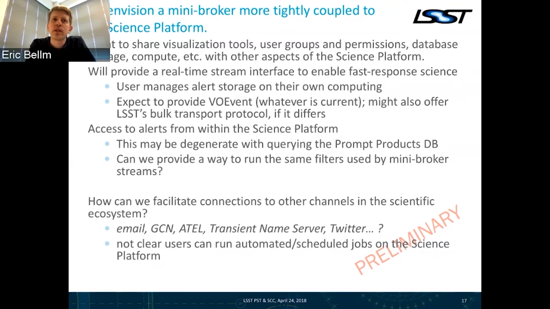The MiniBroker is running in the LSST DAC. It is running small little filters that just look at the single alert packets. And so a user, for instance, might say, I'm interested in fast transients, so only show me packets from the deep drilling field that were not detected last night, but show a sharp change in magnitude within this night, and pass me those alerts, for instance.